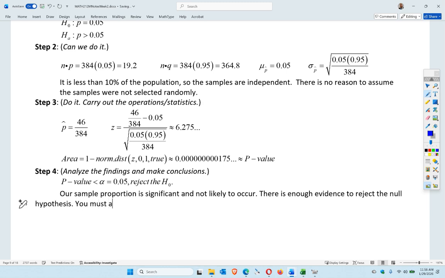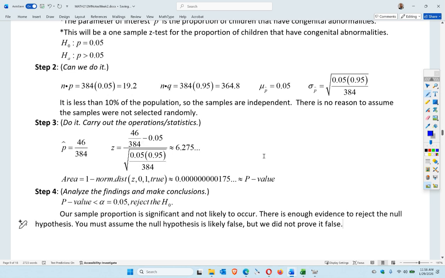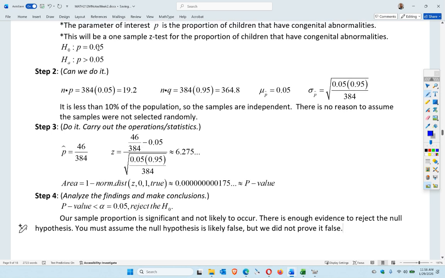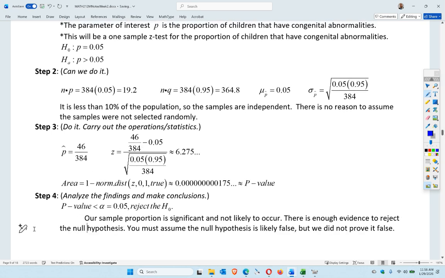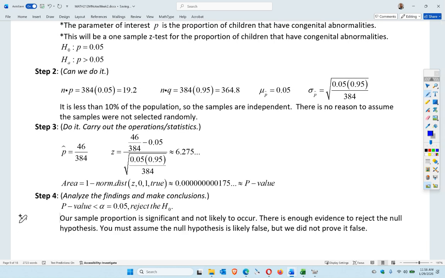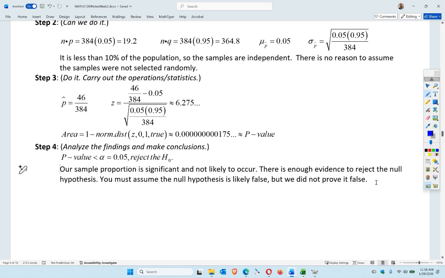You must assume the null hypothesis is likely false, right? But we did not prove it false. We used to believe the population was 5% abnormalities, so we didn't prove it. We just found enough evidence to say it's likely not that, because this whole unit is on inference, right? We're inferring as to what the answer is. You don't absolutely ever know anything. You're just proving what you think it is based on the statistics. It's best guess.